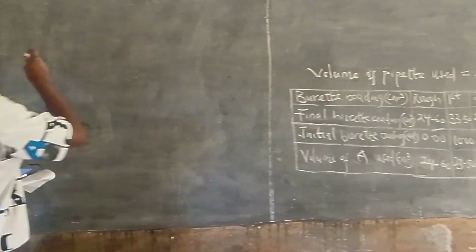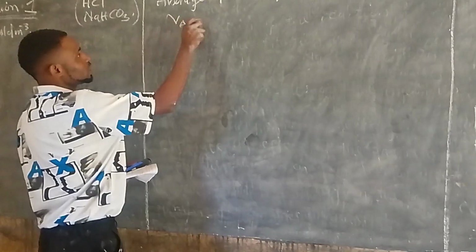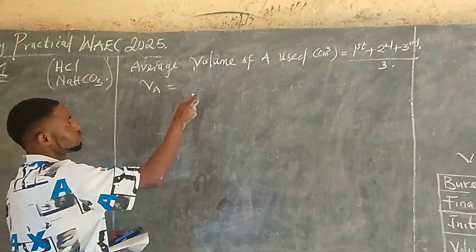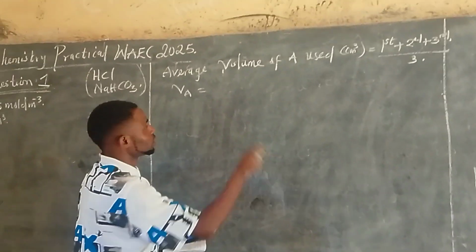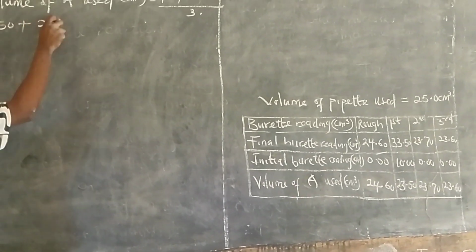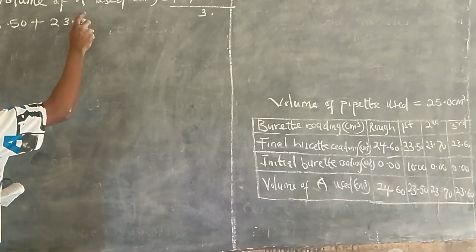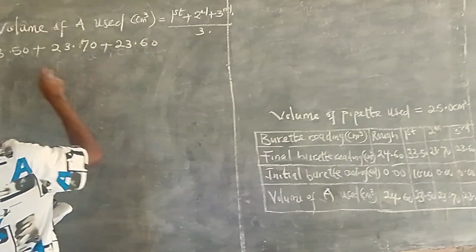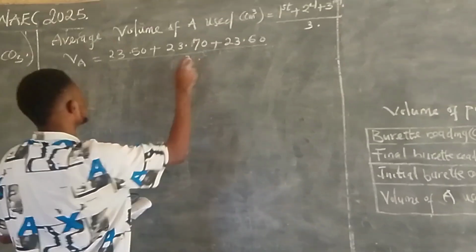Now VA is equal to, that is the average volume of acid used. Please write it. Is equal to 23.50 plus 23.70 plus 23.60 over 3.